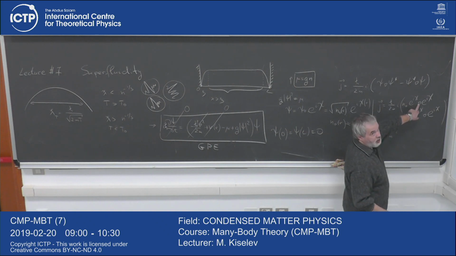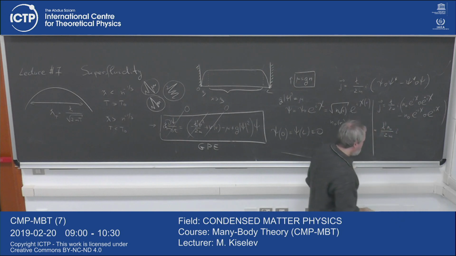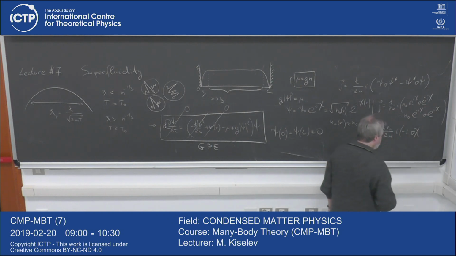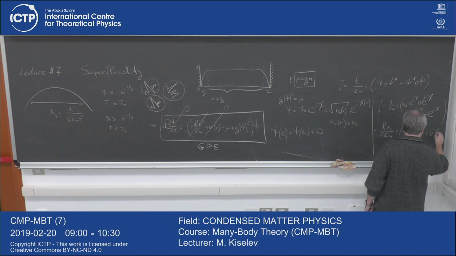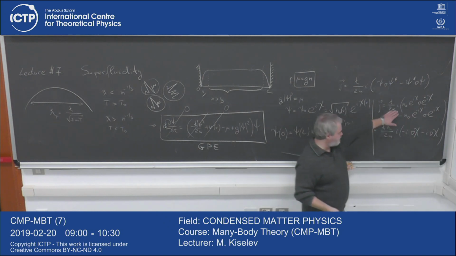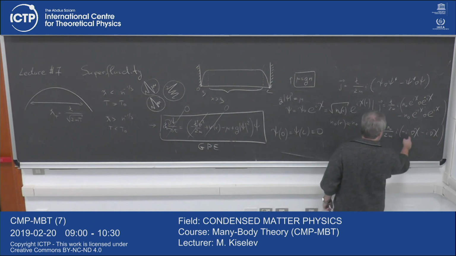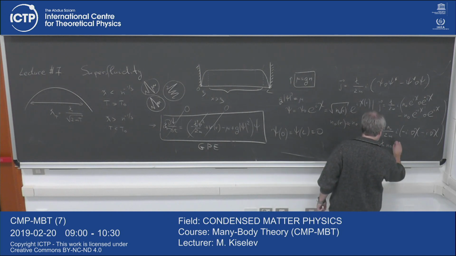The gradient of the exponent will give me i times the exponent times the gradient of chi, with a minus sign, so I have minus i, and the exponents cancel each other, gradient of chi, and the second term will give me another minus i gradient of chi. Since this exponent is with plus and this one is with minus, they cancel themselves. So i times minus i gives me 1, so we have h bar n node over m times the gradient of chi.